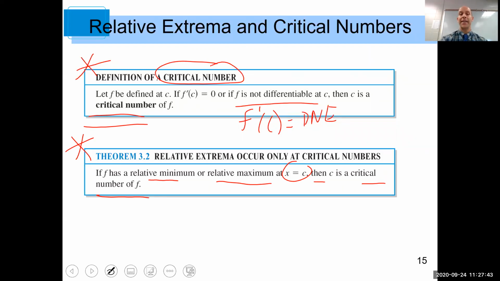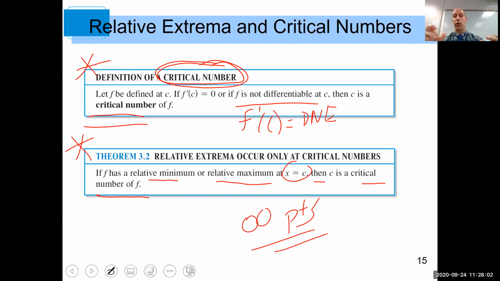Remember, a function has infinitely many points on it. You do not want to check infinitely many points. You only need to check the critical numbers. Now notice, this says if it's a relative min or max, then it happens at a critical number. This does not imply that a critical number guarantees you to have a relative min or max.